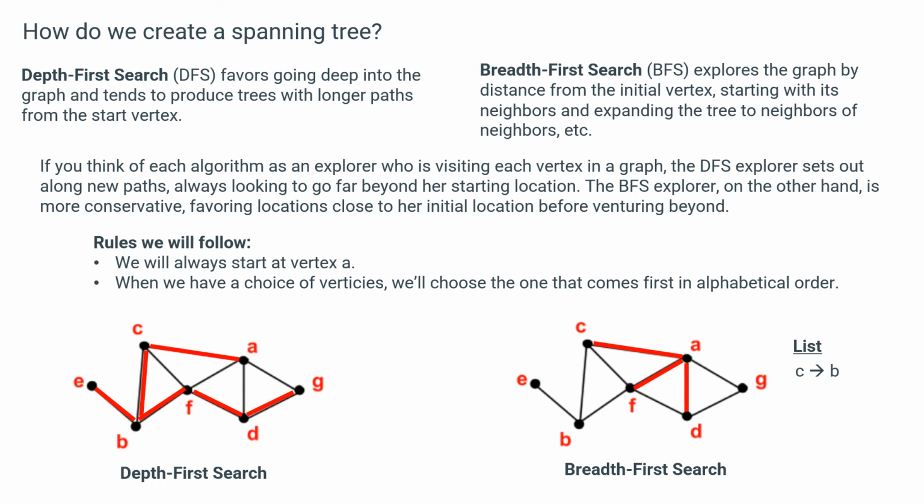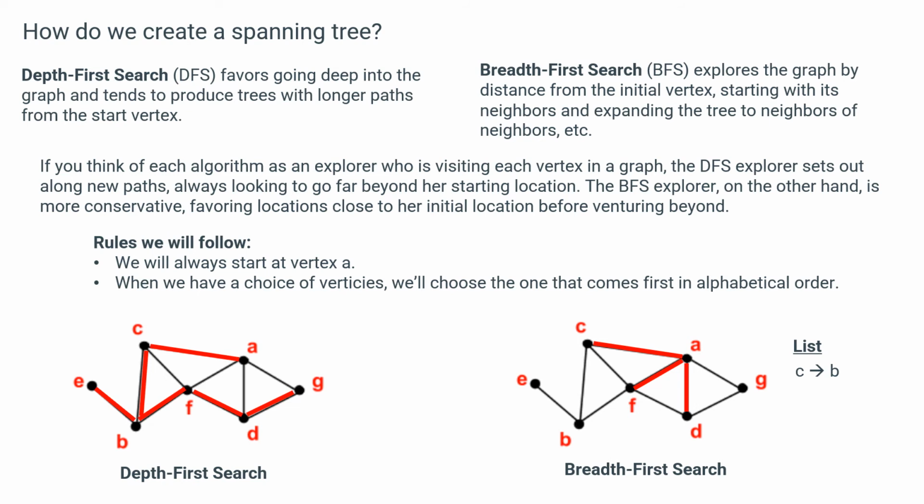Now, what about F? Does F have any neighbors that I need to put on my list so that I can visit those later? Well, I would say B is a neighbor, but I already have B on my list, so I don't need to put that. Okay, and C, we definitely don't want to put that on our list because C's already been visited.